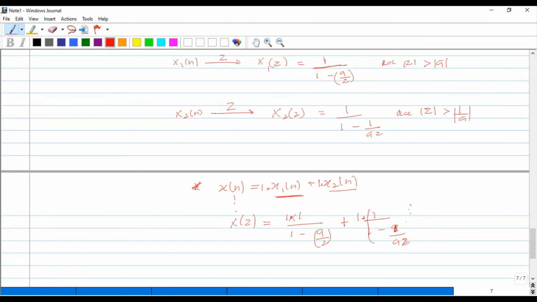So this is the z transform, and I used the linearity property.